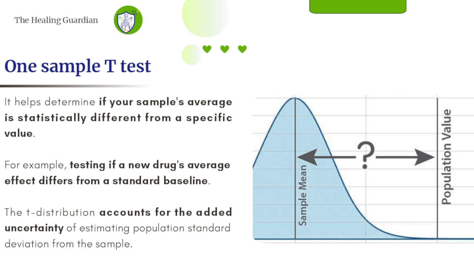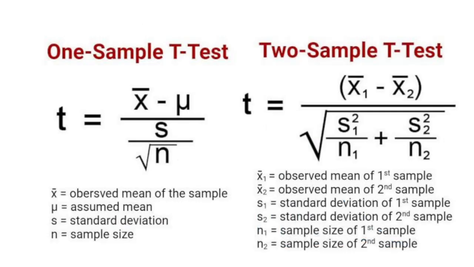Because we don't know the standard deviation of the population, in the formula of the t-test, the population standard deviation is just estimated. So in a t-test, there is accountability for the uncertainty.